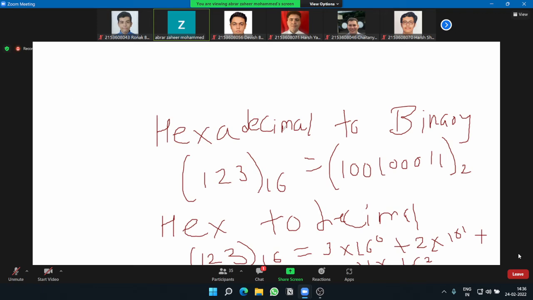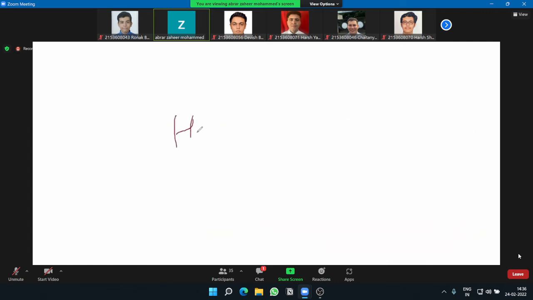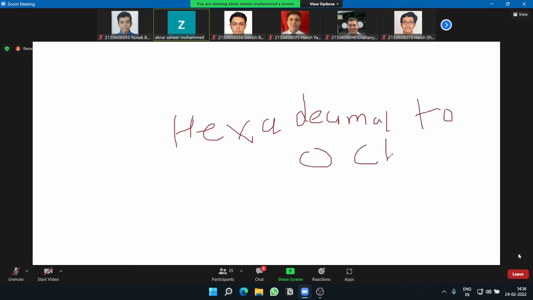Okay, so this is from hex to decimal. The last is from hexadecimal to octal. How to convert from hexadecimal to octal? First, we have to convert hexadecimal to binary, then from binary to octal. So convert the same 123 into octal. 123 in hexadecimal to octal.